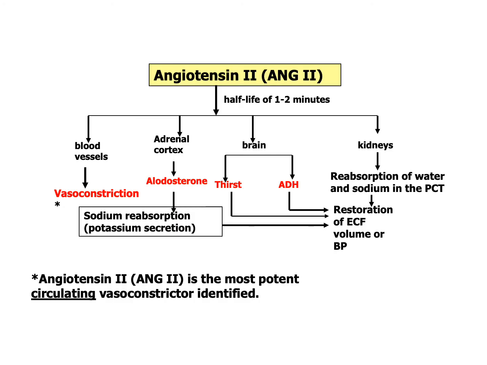Angiotensin has also many other effects. It causes vasoconstriction in blood vessels, leading to aldosterone secretion, and on the brain leads to thirst stimulation and release of ADH, which acts on the kidney to reabsorb water, and sodium in the PCT. All these mechanisms tend to restore ECF volume or blood pressure.